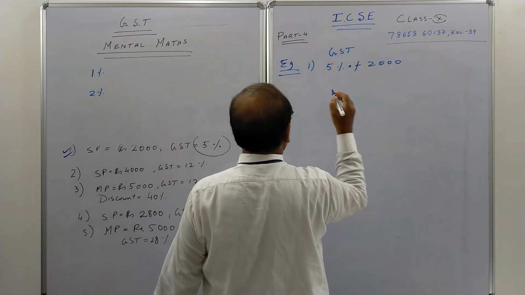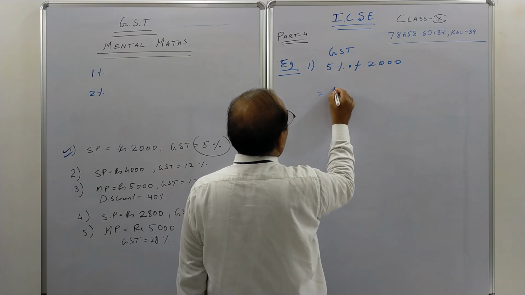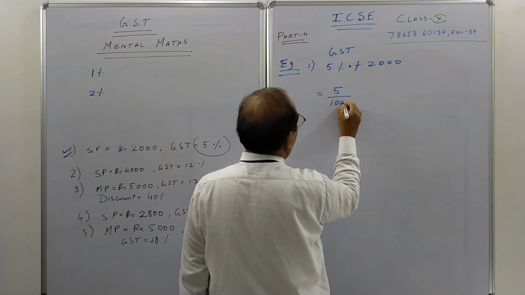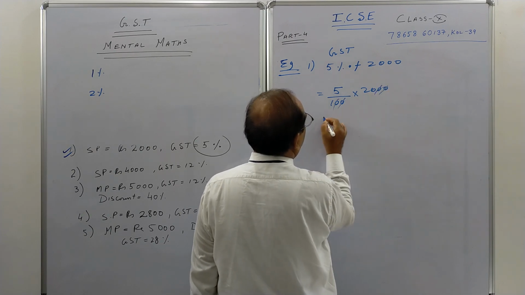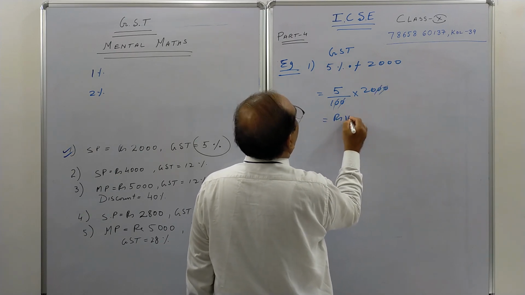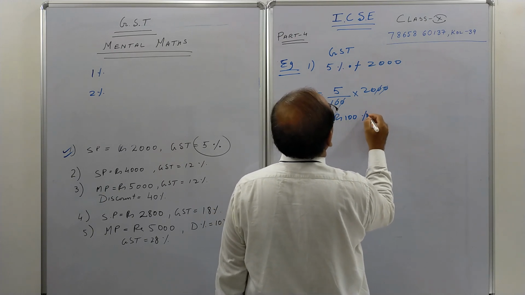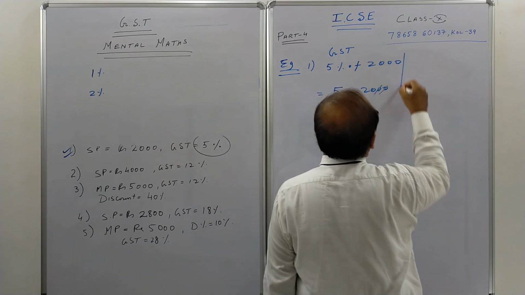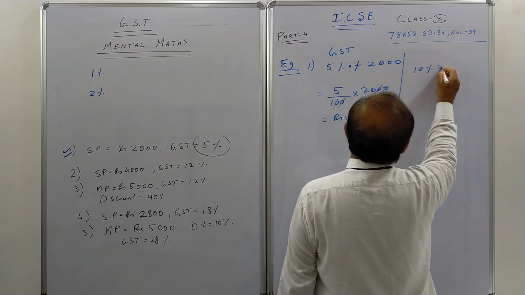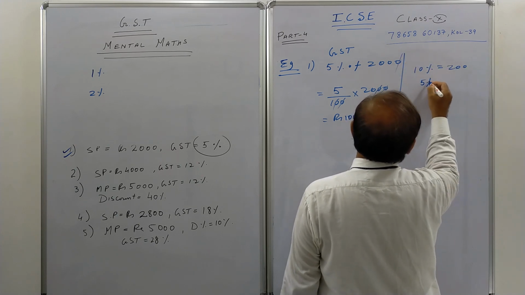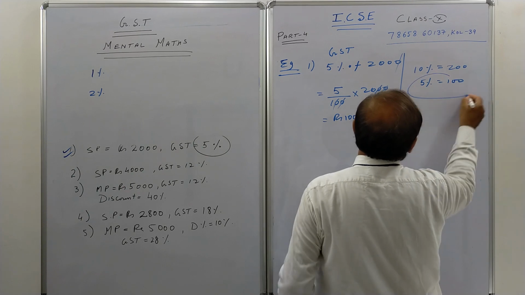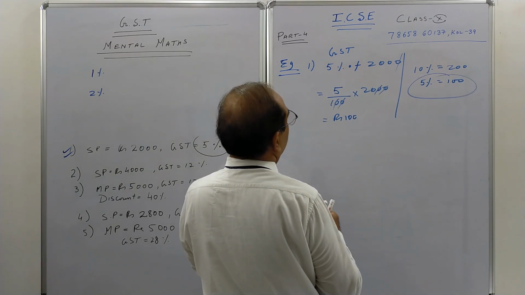Selling price is 2000. If you do by traditional method, this is how we do, children. But how I have told you is this: 10% is remove 10, 200, 5% is half of that, 100. So same answer we get.